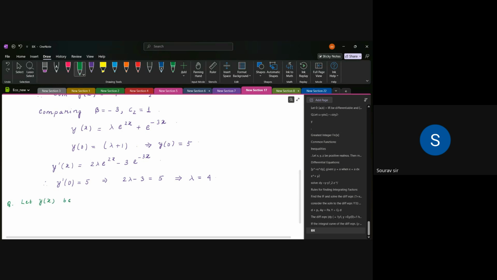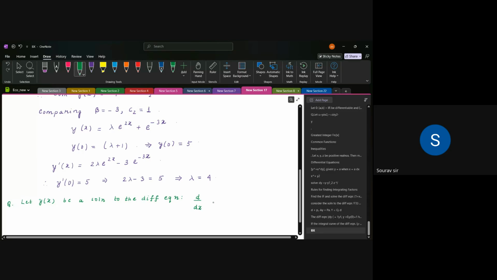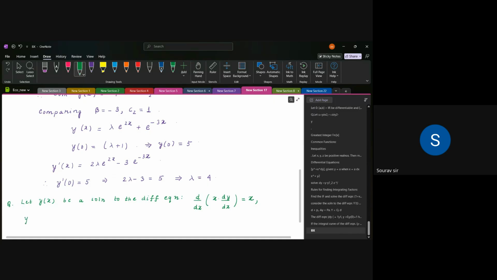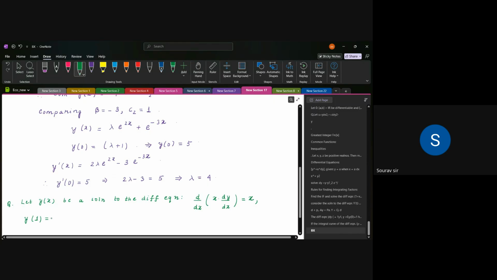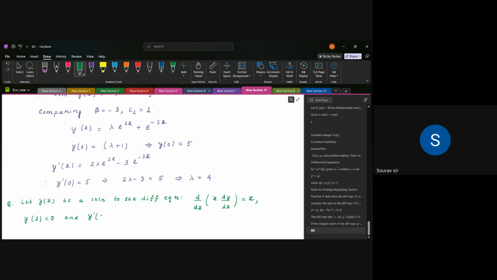Let y of x be a solution to the differential equation d/dx of x times dy/dx equals x, y of 1 is equal to 0 and y dash of 1 is equal to 0.